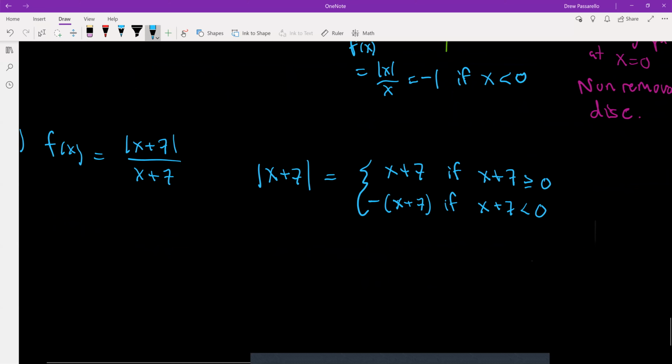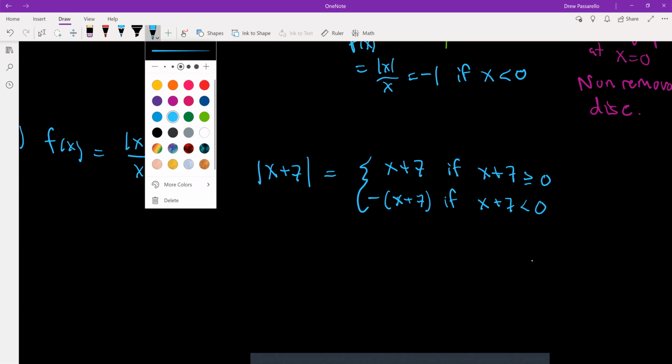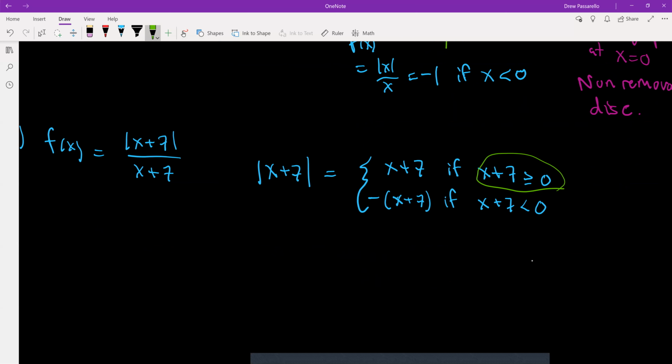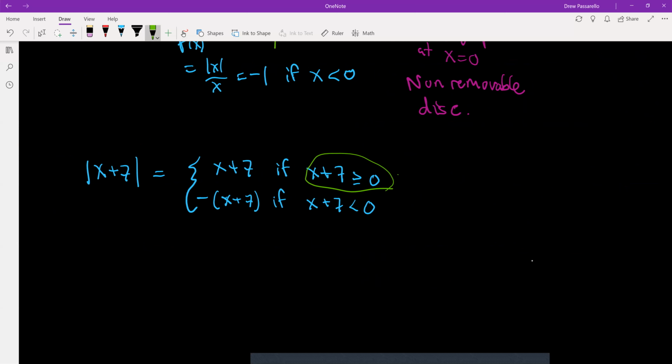And you could write this further by isolating x by itself for these inequalities. Let's see, so if x plus 7 is greater than or equal to 0, then that means x is greater than or equal to negative 7. And then for this one, that means x is less than negative 7.